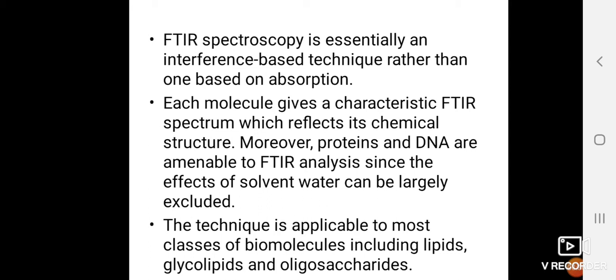Finally a single spectrum is obtained, and the process of analyzing all these spectra and coming out with one single spectrum is done with the Fourier transform. So FTIR spectroscopy is essentially an interference-based technique rather than one based on absorption.